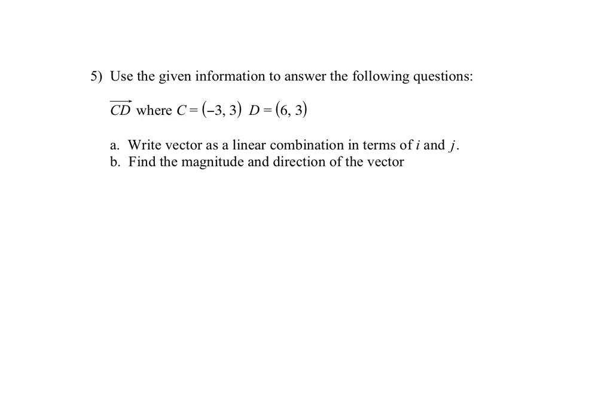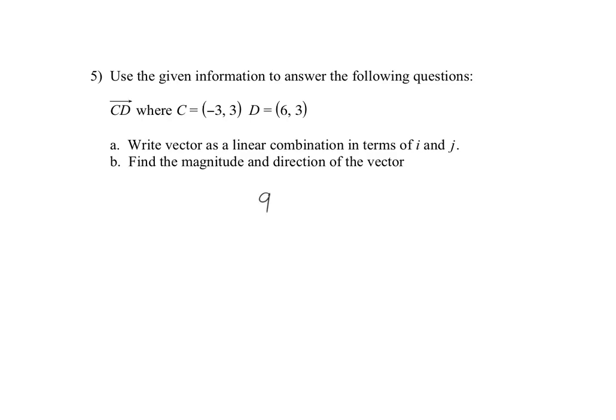Okay, for question 5, we've been given the initial point and terminal point of a vector. So we just need to write this as a linear combination of terms in i and j. So basically the component form where the initial point is on the origin. So we're just going to subtract 6 minus -3.